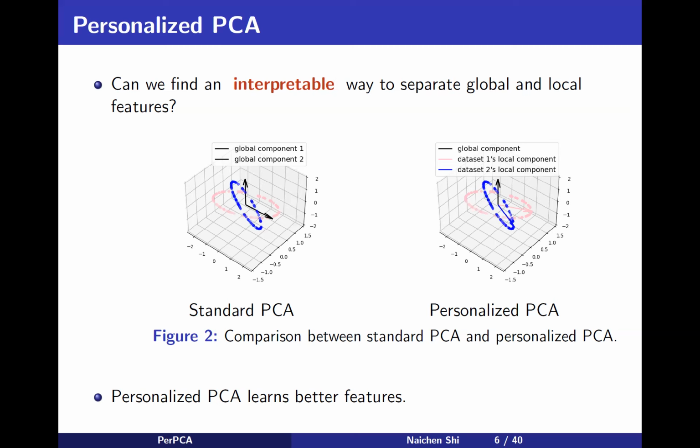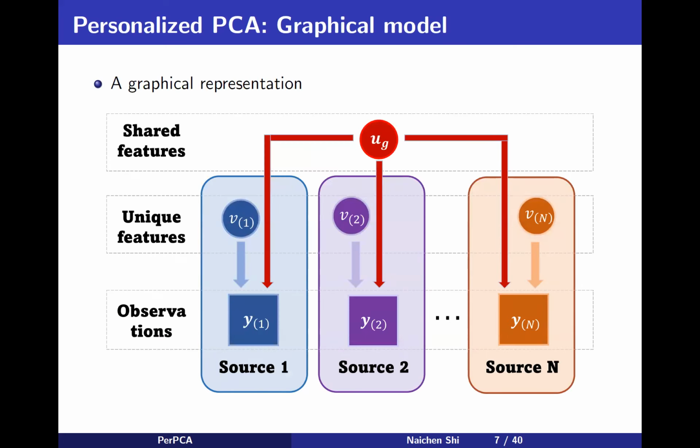What we want the personalized PCA to achieve is on the right figure, where we have not only the black arrow pointing up, representing the shared PC, the global PC, but also the pink arrow and the blue arrow, which represent local PCs.